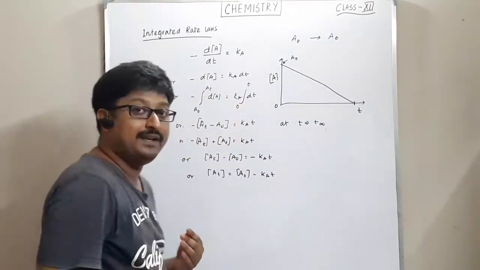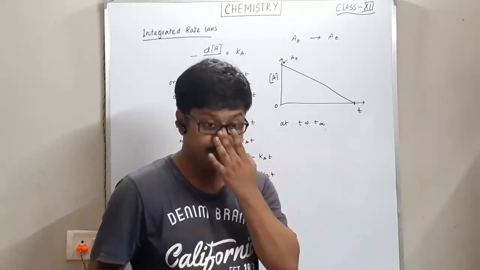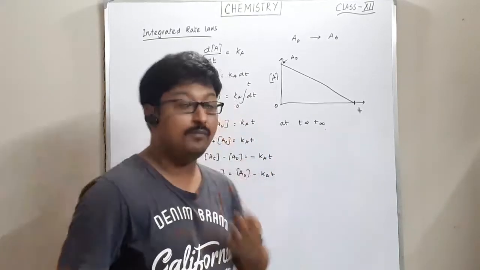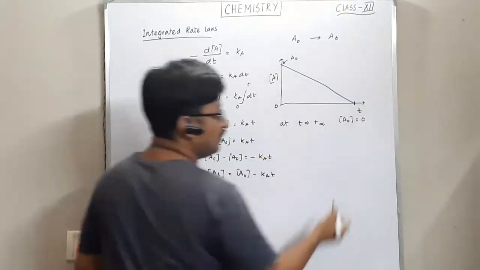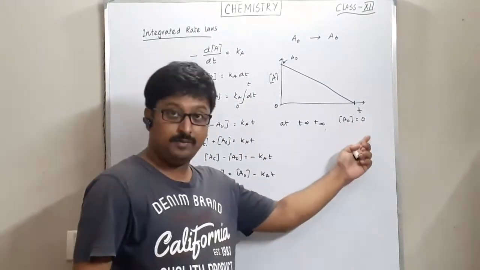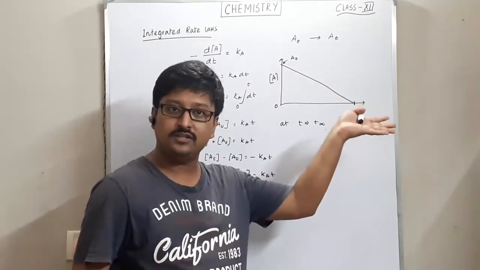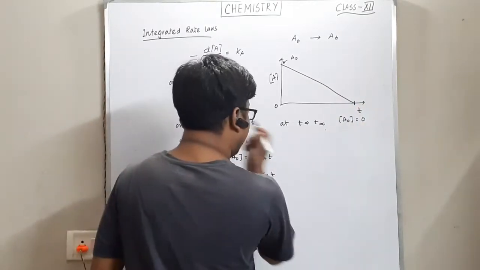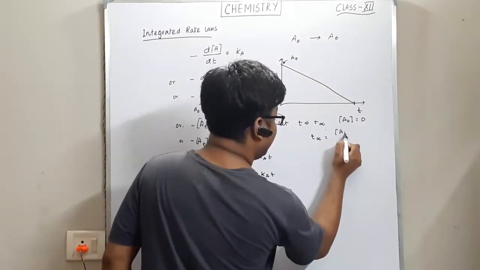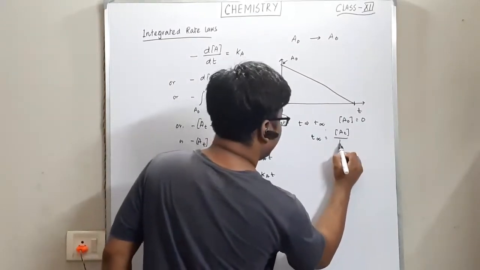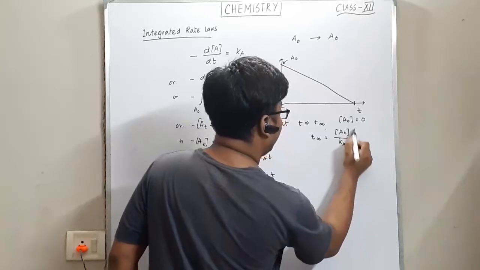That is when the reaction will be at completion. When the reaction is at completion, what will happen? Your At will be equal to 0, all the initial concentration is gone. So in that case, your t infinite will be A0 divided by Ka.